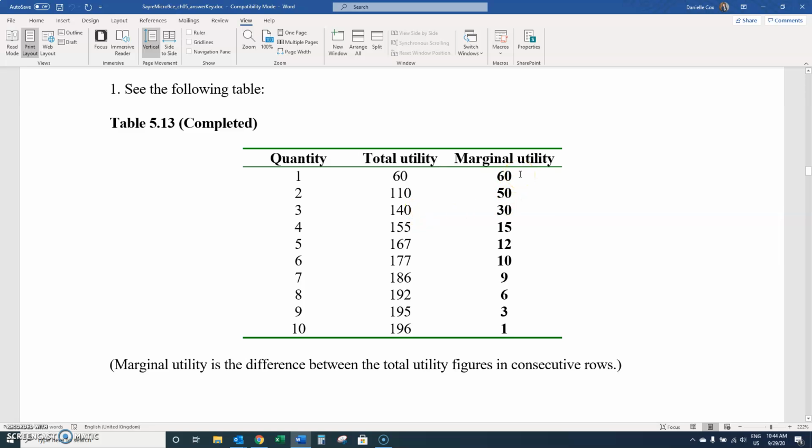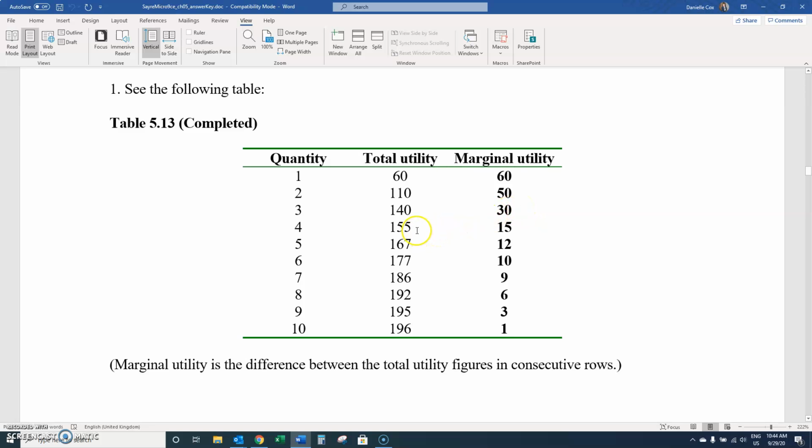We know her marginal utility from package 1 and package 2, and the total utility is the summation of all 3 of those. So 140 less the 50 less the 60 gives us 30, which is the marginal utility from the third pack. And that just continues on.